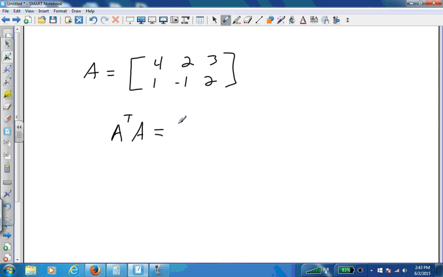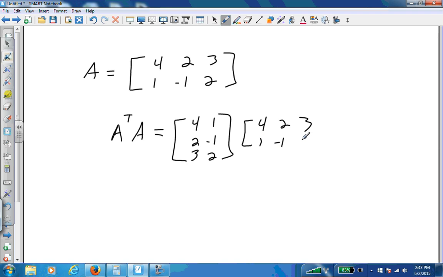So the transpose of A, first row becomes first column, second row becomes second column. Let's see, can we do that times A?